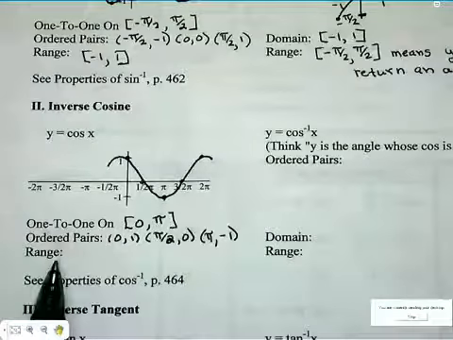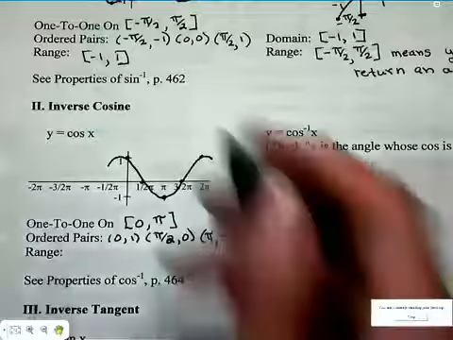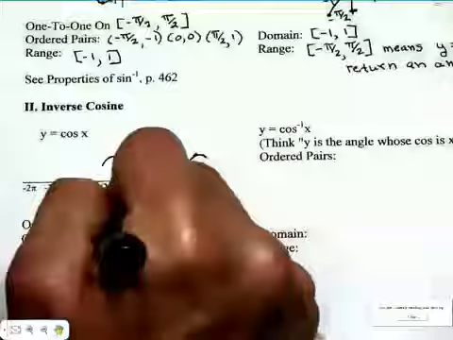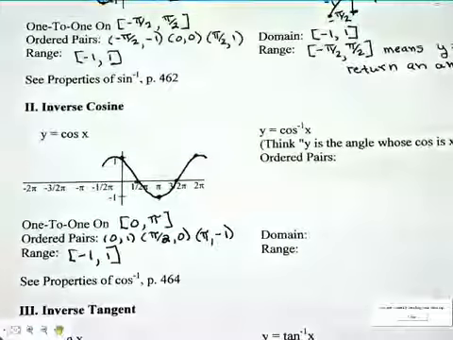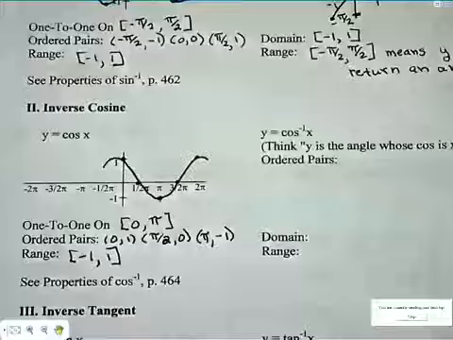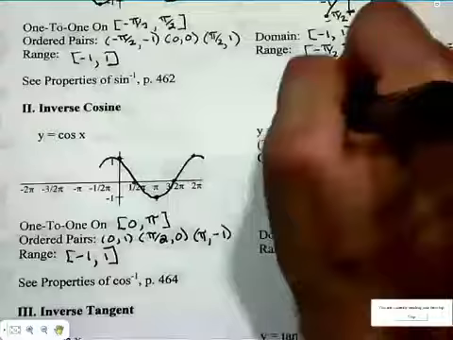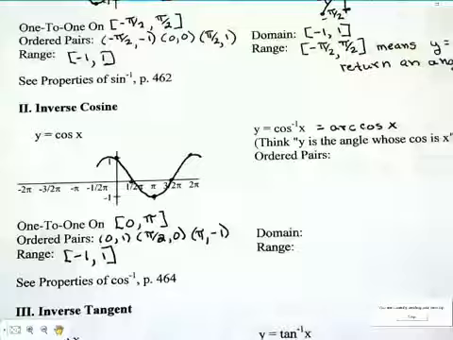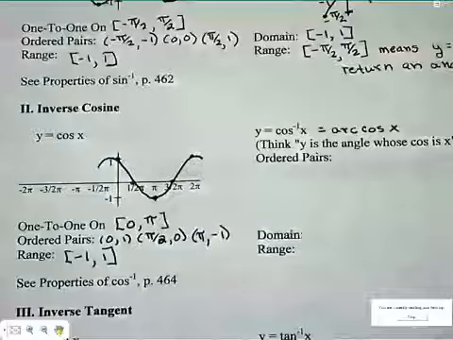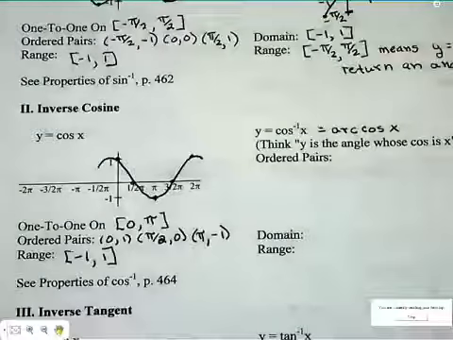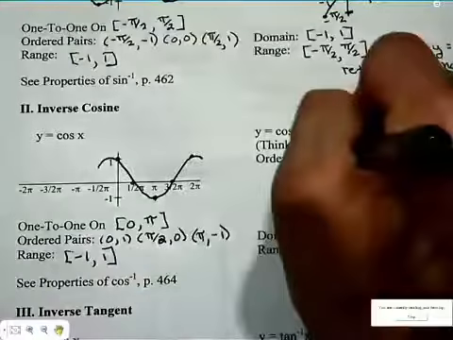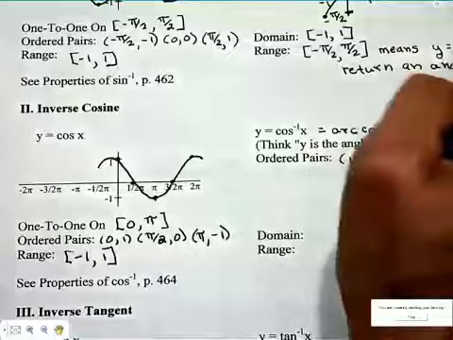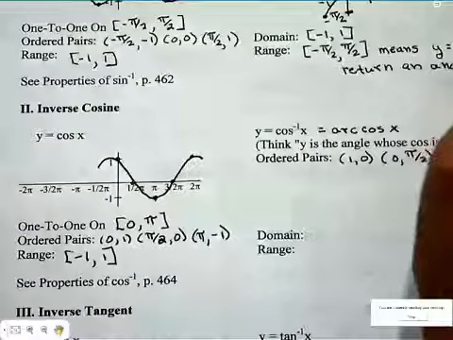Range is lowest y value to highest y value. That's -1 to 1. Inverse cosine or arc cosine would have the same ordered pairs, but the x's and the y's are interchanged. So (1, 0), (0, pi over 2), and (-1, pi).